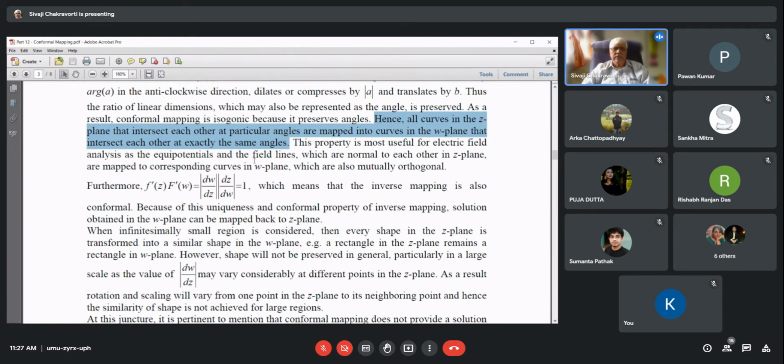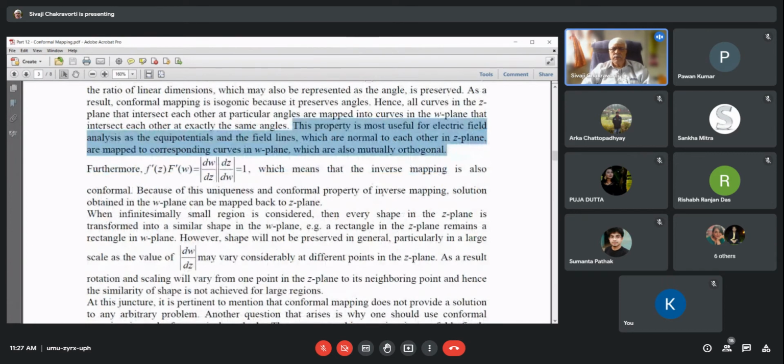This is the isogonic property of conformal mapping, and it is so important for us, as you can see in the highlighted part. This is important for electric field analysis because equipotentials and the field lines, we all know, in electric field theory are normal to each other on the z plane.